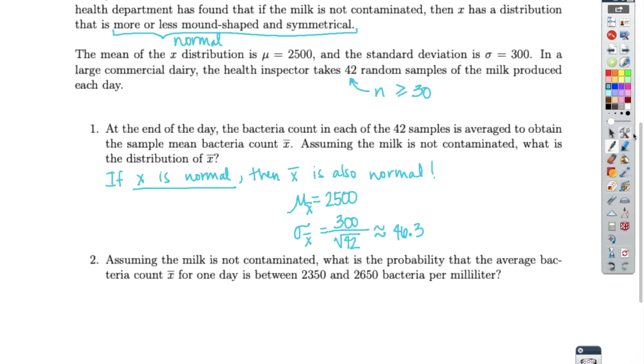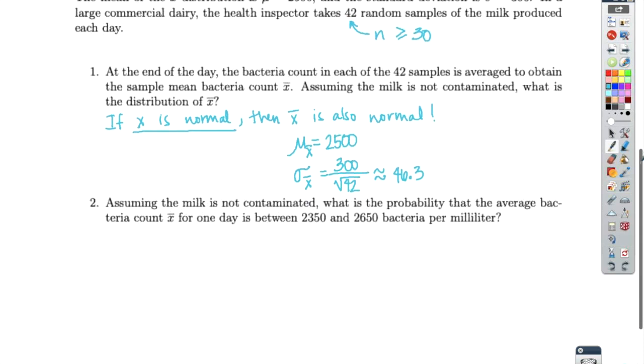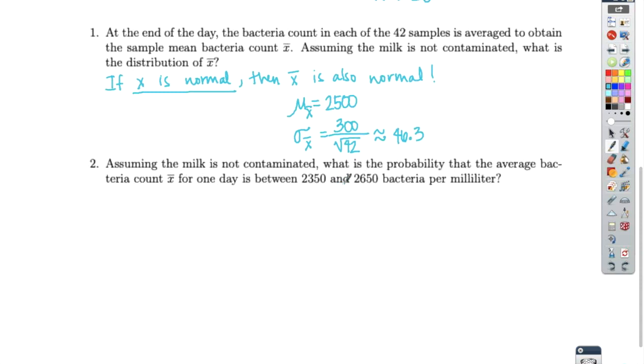Now, question number 2. Assuming the milk is not contaminated, what is the probability that the average bacteria count X bar for one day is between 2350 and 2650 bacteria per milliliter? In other words, what is the probability that X bar is between 2350 and 2650?